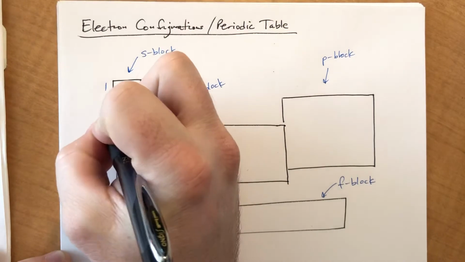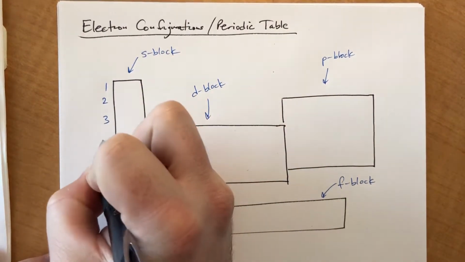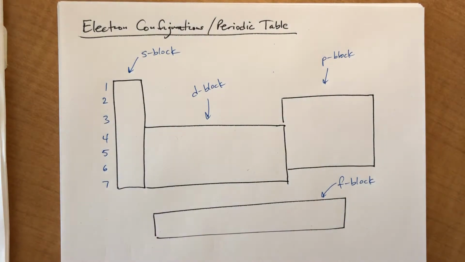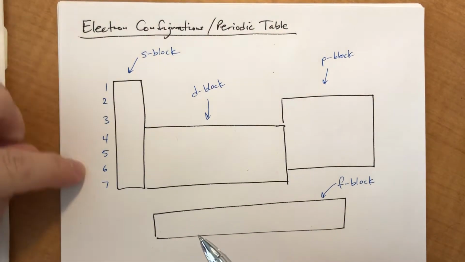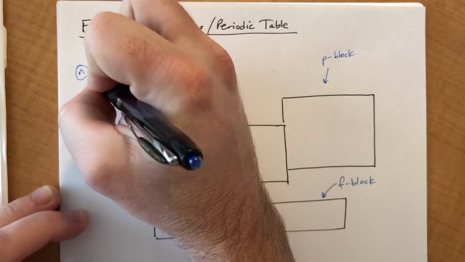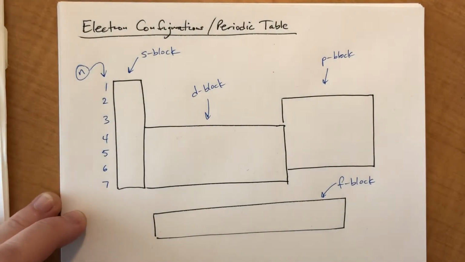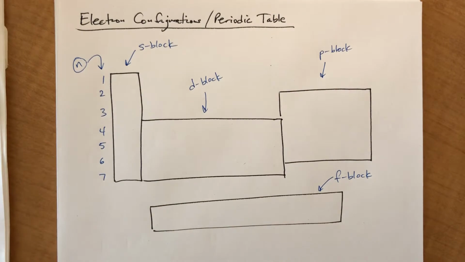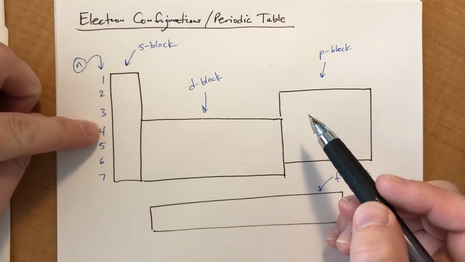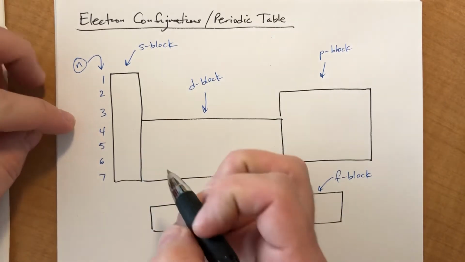There are also numbers running down the side over here. Let's see if I can space these out evenly. Okay, these are your N values. For the S and the P block, these numbers are correct. For the D block, the numbering is off by 1.